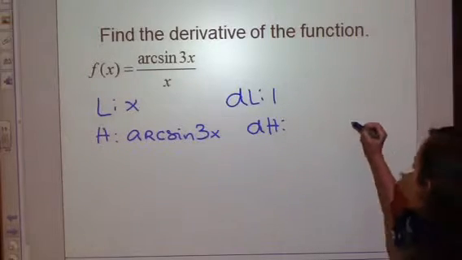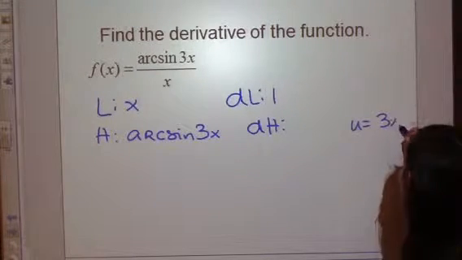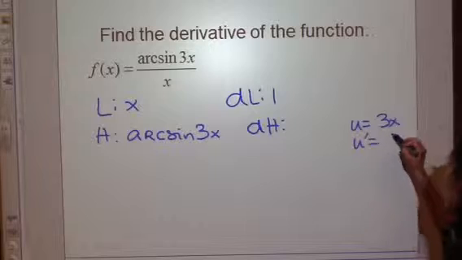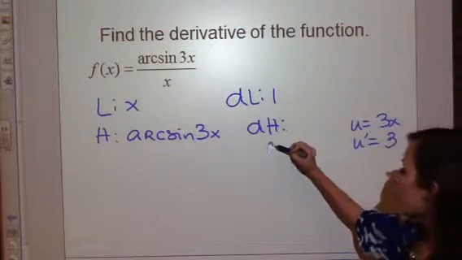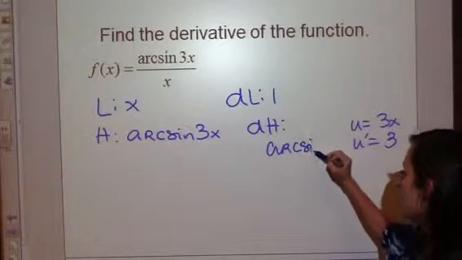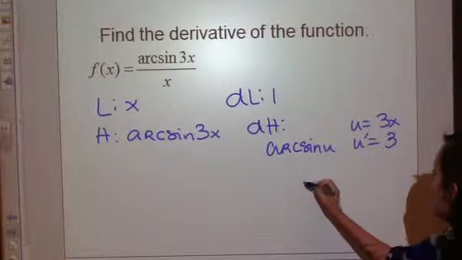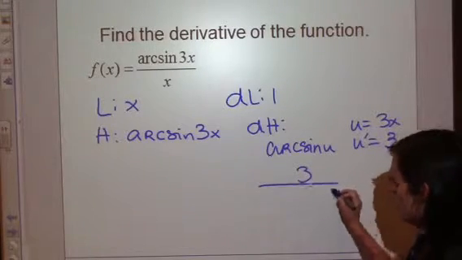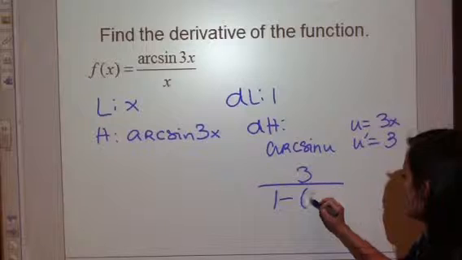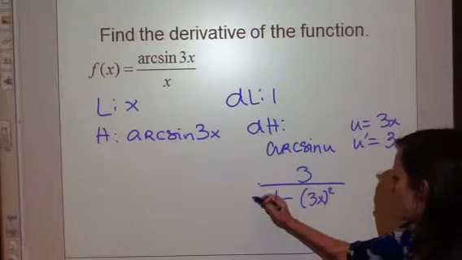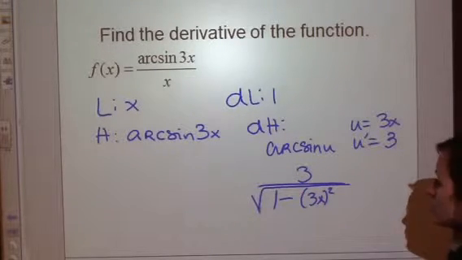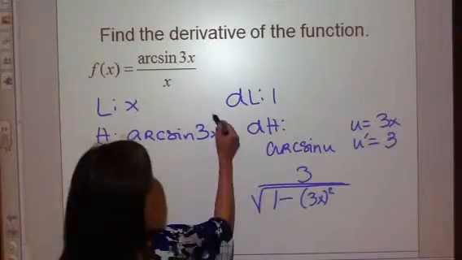You should say u is 3x. So the derivative of u is 3. And we are doing arc sine of u. So you get u prime, which is 3, over the square root of 1 minus u squared, unsquared. There's our derivative. So we're going to crisscross.